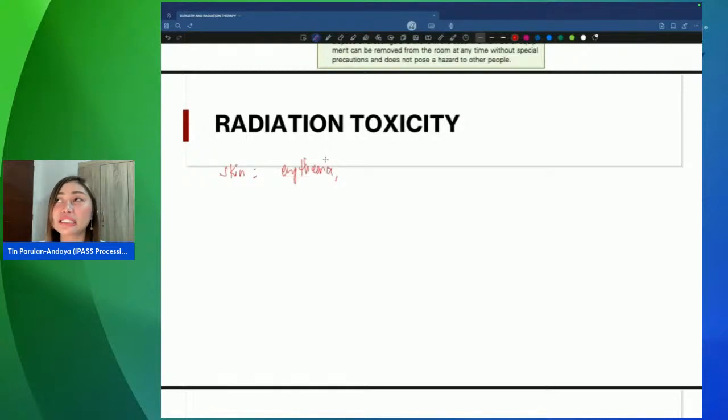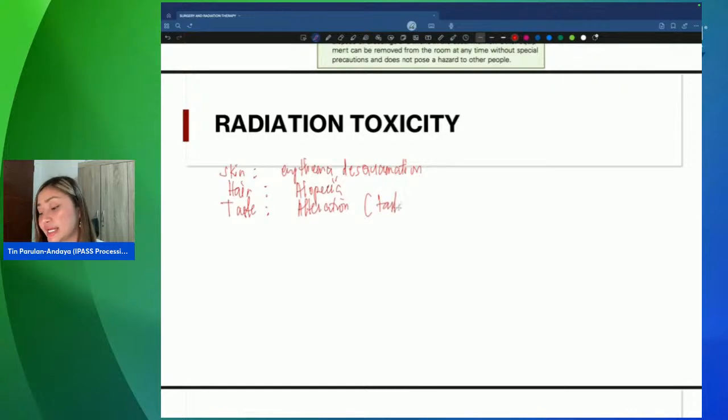You will notice desquamation, or peeling. The hair can be affected as well, leading to alopecia. There will also be alteration in taste, or dysgeusia.